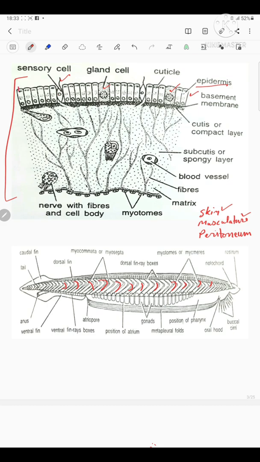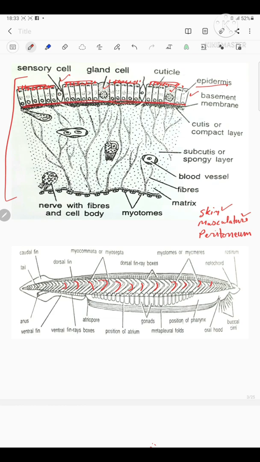These cells have cilia on their surface in the young stage, but after reaching the adult stage, these cilia are lost and the upper surface is covered by the cuticle, which is secreted by glandular cells. These epithelial cells are present on a thin layer, that is known as basement layer.